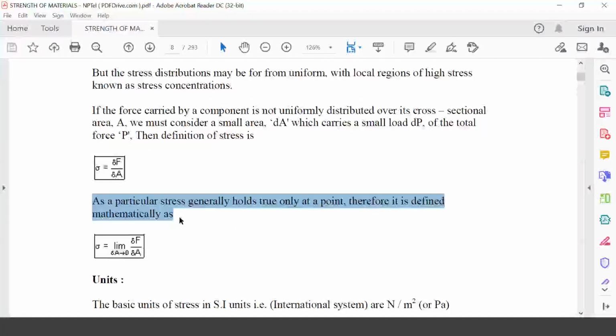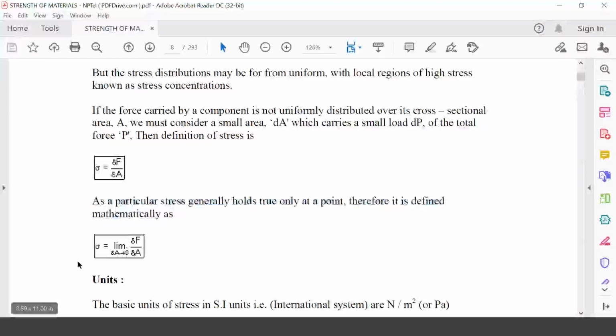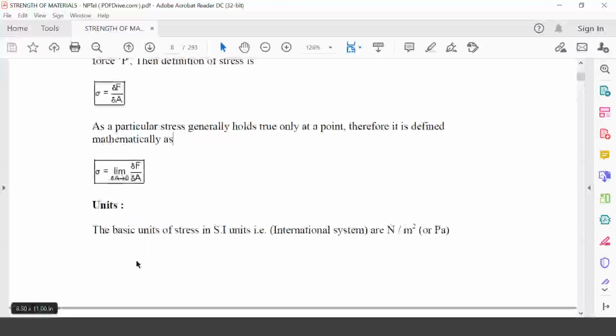Now if the force carried by a component is not uniformly distributed over its cross-sectional area, then we must consider a small area, that is dA, which carries a small load dP. Then the definition of stress is sigma equal to delta F by delta A. Why delta F by delta A?